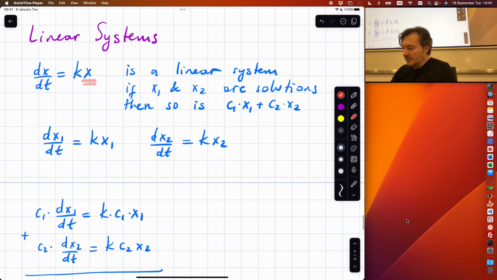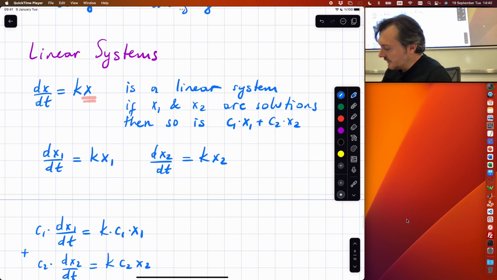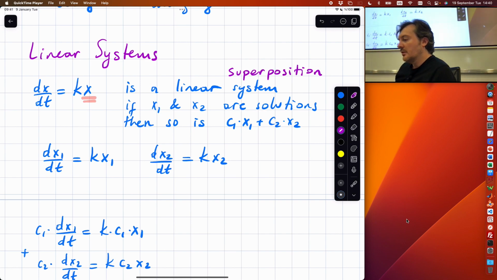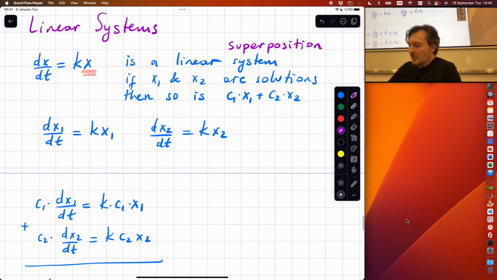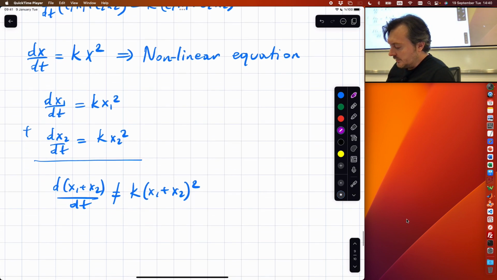And this thing is called superposition. So you can superimpose two solutions of a linear equation to get yet another solution, but you cannot do that for nonlinear systems. Okay? Do you have any questions? No? So this is what a linear system is.